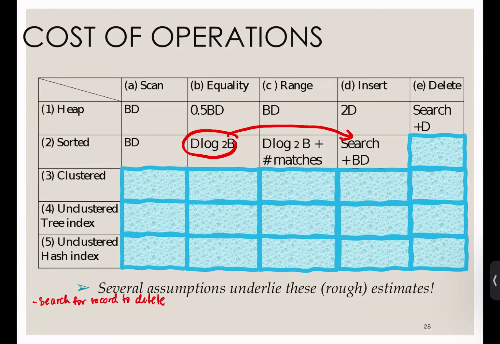To search for a record to delete takes equality search time, the same way as to insert something. So D log B base 2. That's for the search. Now I've searched for a record to delete, so that page is up there, and now I can remove the record.